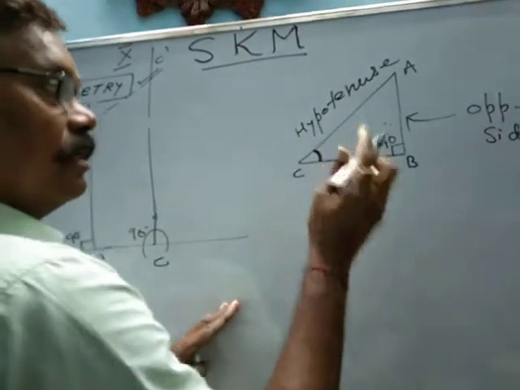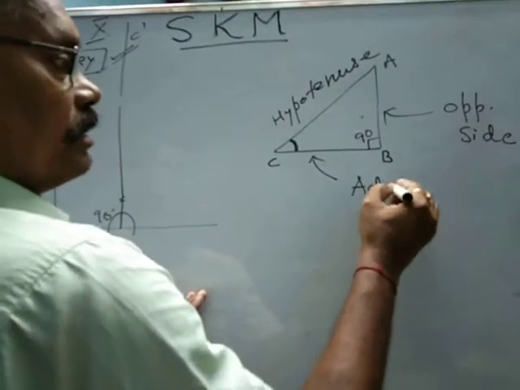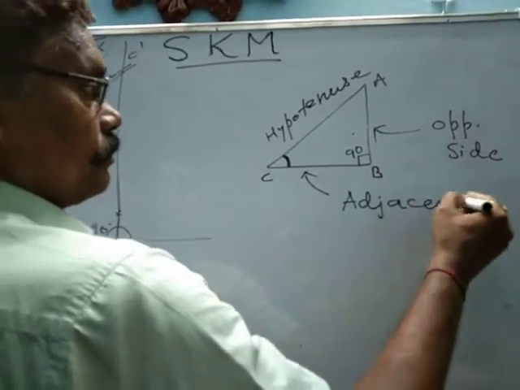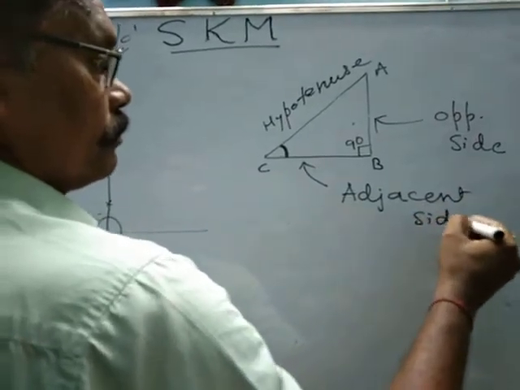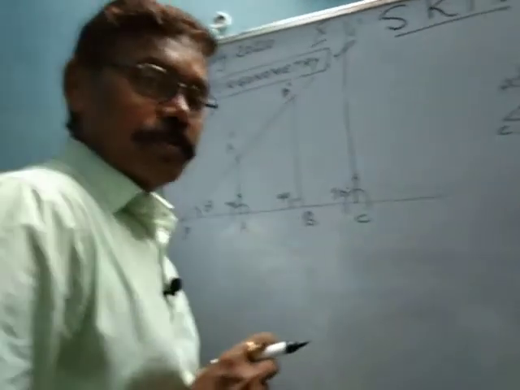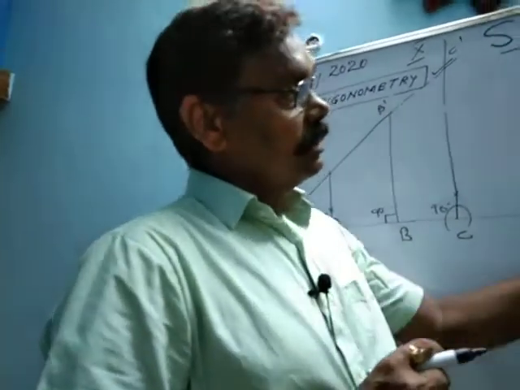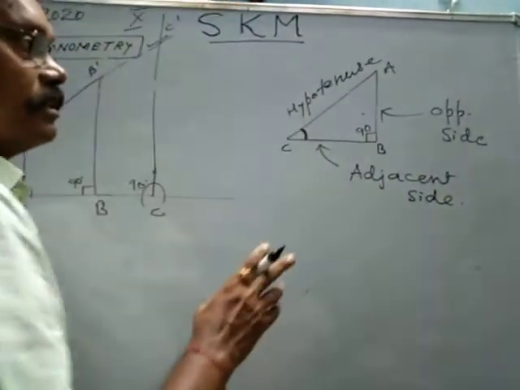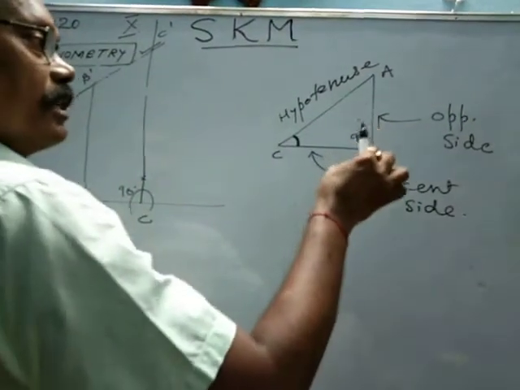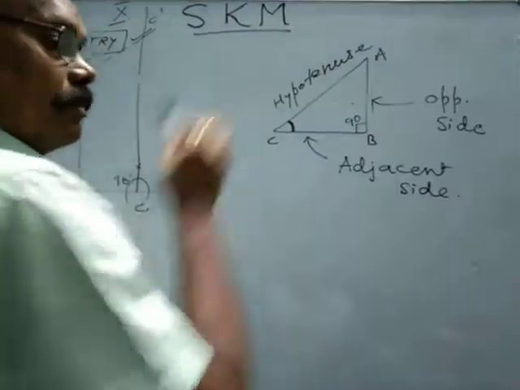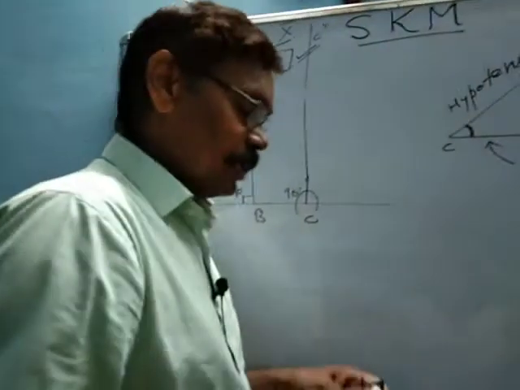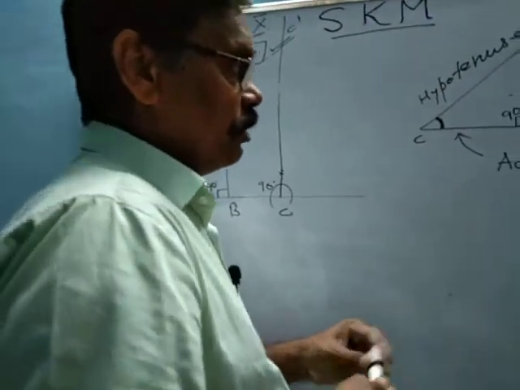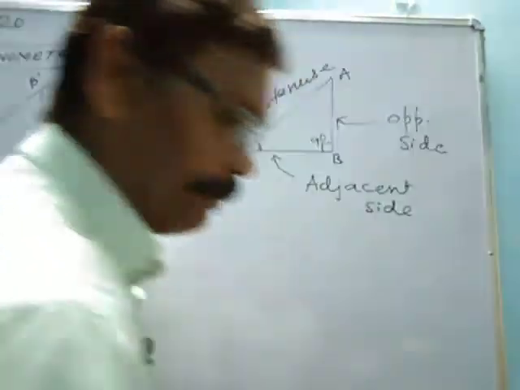adjacent to this angle, that is called the adjacent side. I request all of you to remember this in this manner only. Many children remember this as base and this as perpendicular. So I want to tell you that base and perpendicular can keep changing.